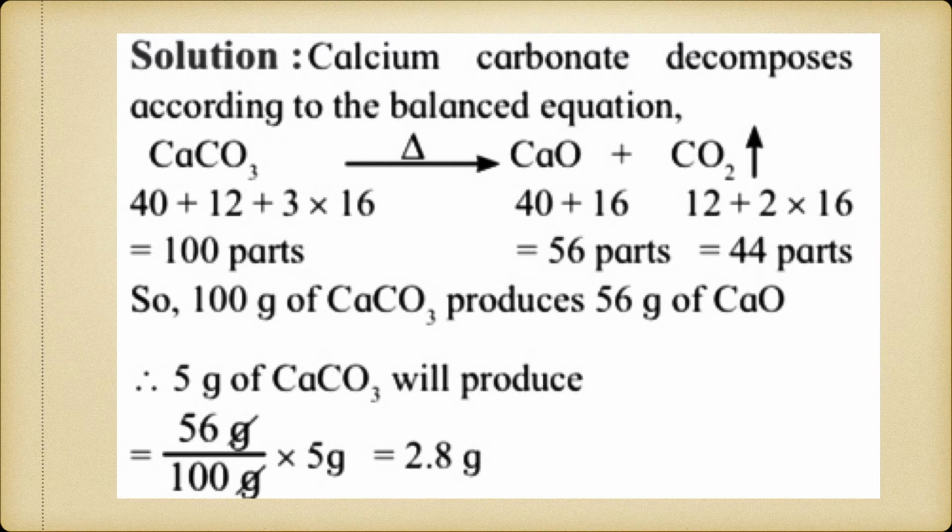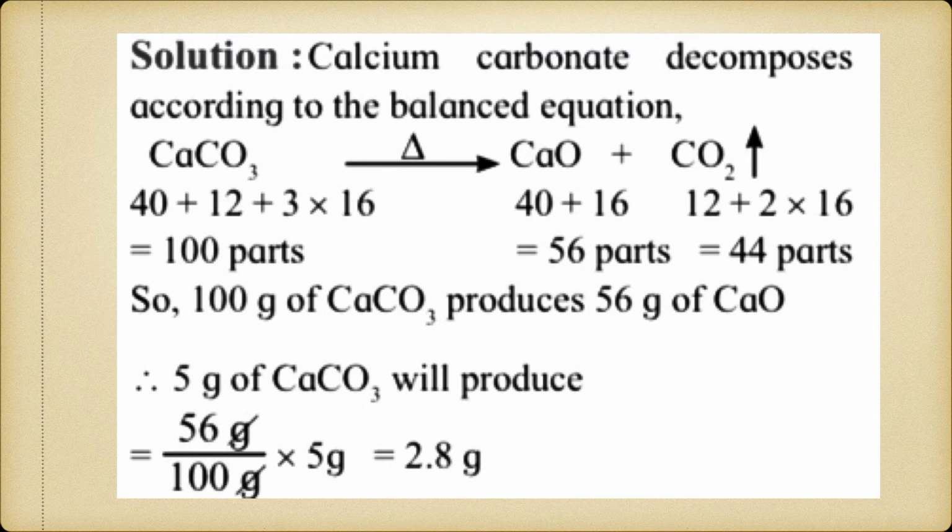Now what is given in this problem? 5 gram of calcium carbonate is given. That means my reactant is given and I have to find out how much CaO is produced. Next step, I will write down the relative masses of each compound in the reaction.